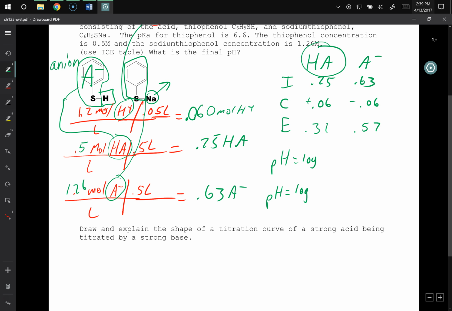So then my pH equals pKa plus log of 0.63 divided by 0.25. Wait, sorry.